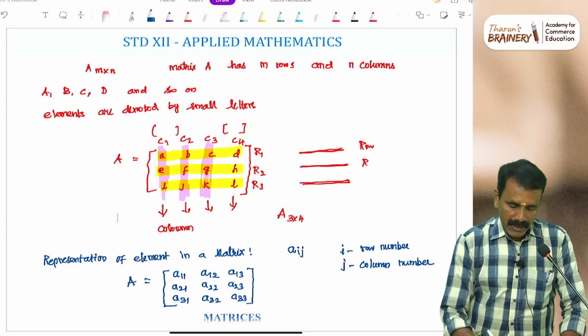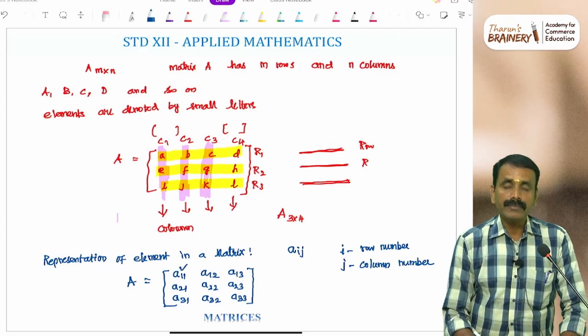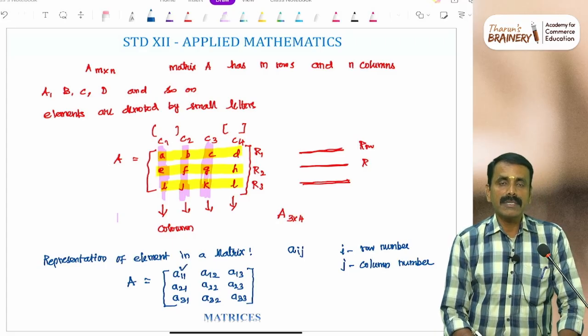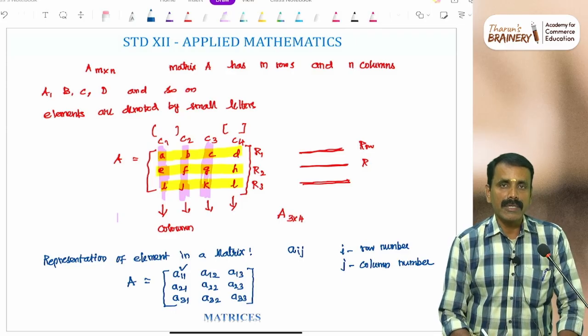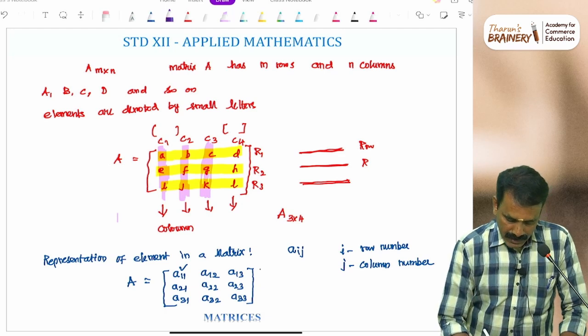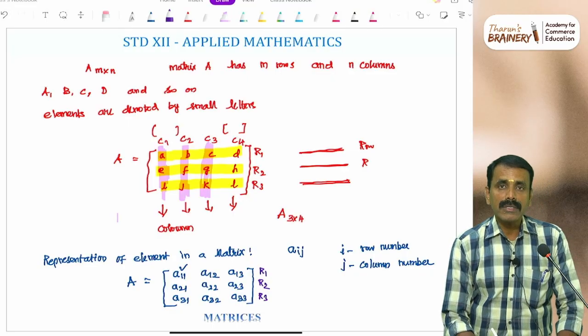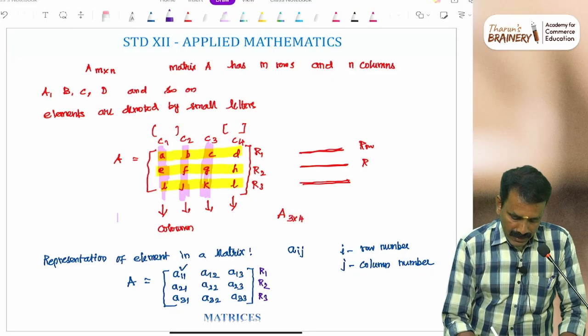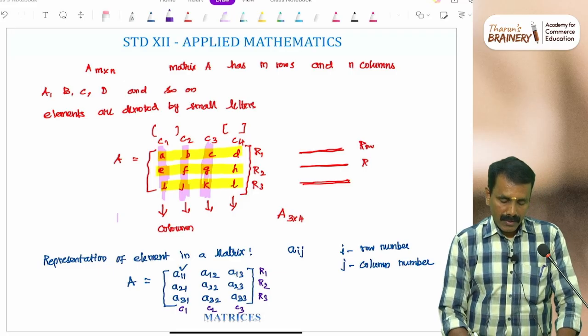Now, tell me why this number is written as a11. It is written as a11 because it is present in the first row, first column. This is R1, R2, R3. Horizontal arrangements are called rows. Vertical arrangements are called columns, C1, C2, C3.